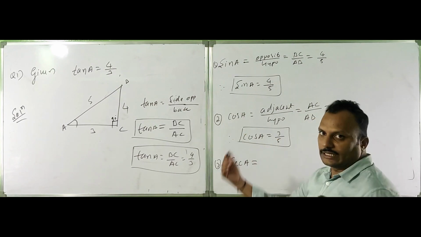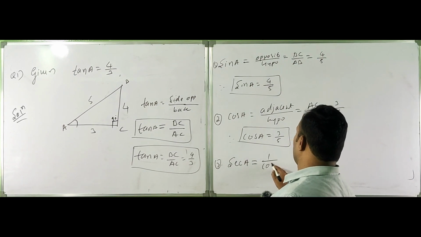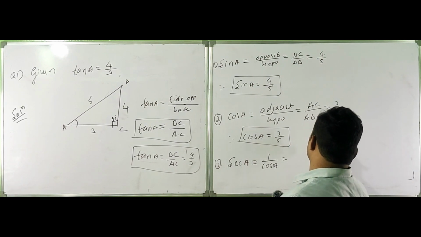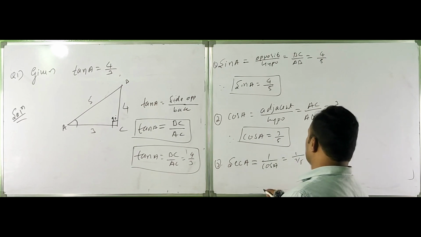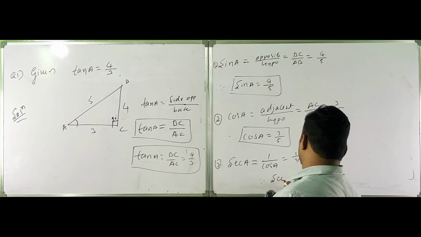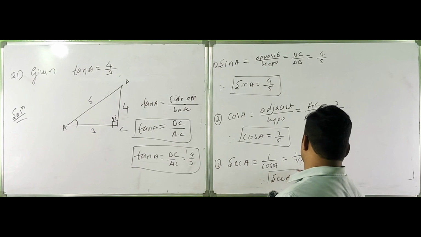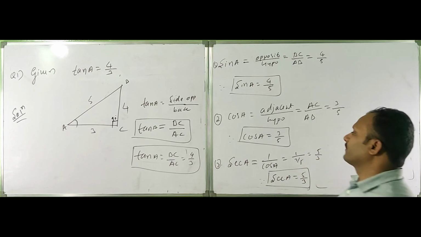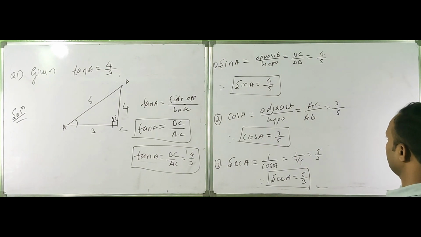You can use 1 by cos A. 1 by 3 by 5 becomes 5 by 3. You can also use the definition, hypotenuse by base, 5 by 3. Both are correct.